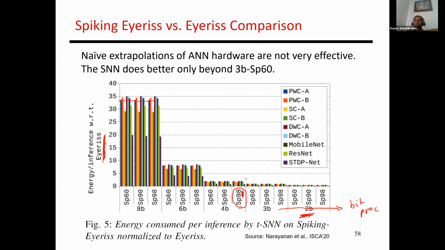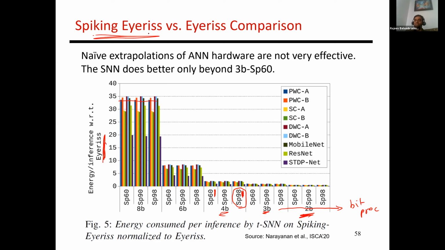But if I go to a sparsity level where 40% of cycles have spikes, then the energy consumption is a lot higher, right? So the only way that an SNN can match an ANN is by exploiting high sparsity or by using low resolution weights.